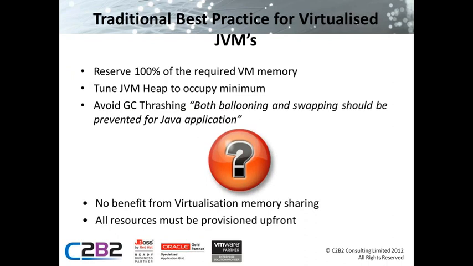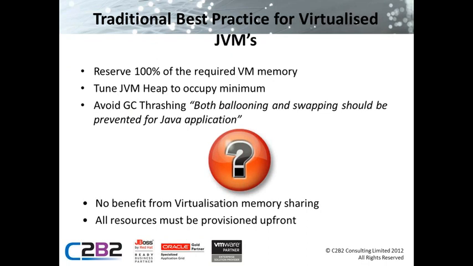So if you have Tomcat instances running on an ESX or vSphere infrastructure, then best practice for virtualized JVMs is to take the memory that the guest VM requires and reserve 100% of it in the vSphere infrastructure, so that vSphere doesn't steal some of that memory if it thinks it's not being used and give it to another guest.